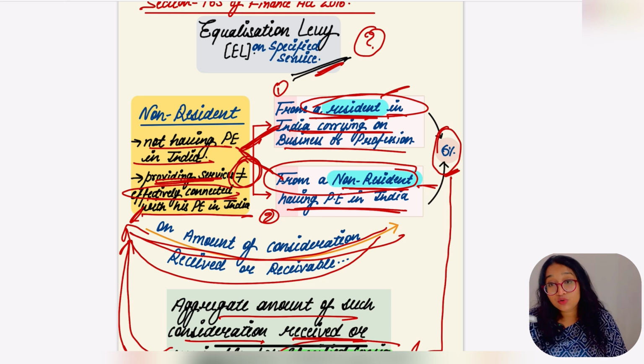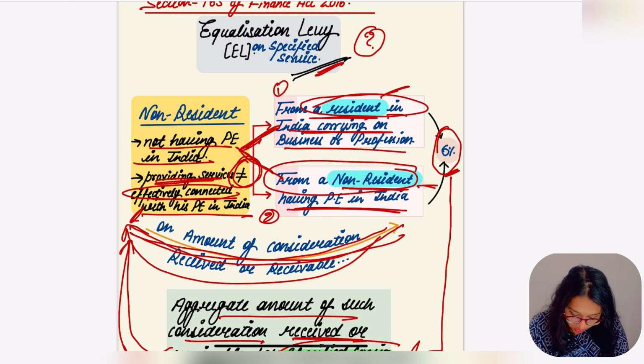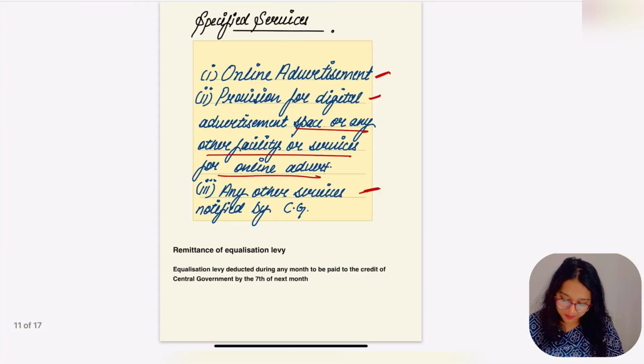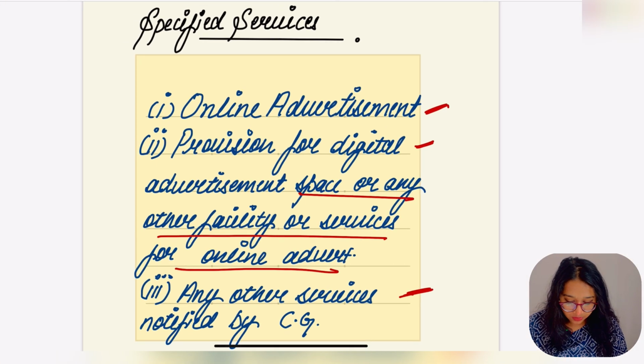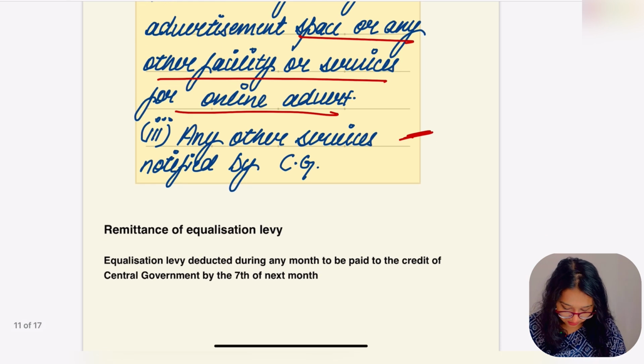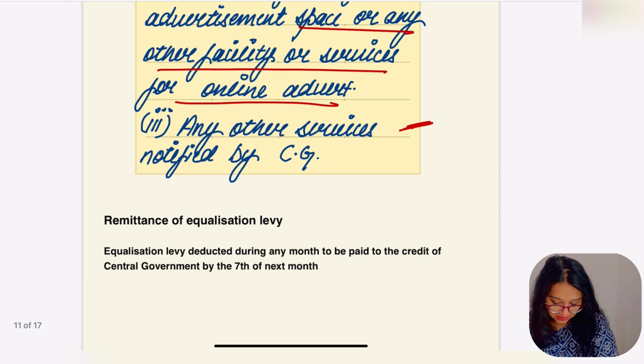Second, again to the non-resident who is having a PE in India, and the amount which is receivable or received as consideration, if that amount during the previous year exceeds more than 1 lakh rupees, in that case 6% of equalization levy is to be imposed. Is it clear everybody? Now we got to know the meaning of specified service. Online advertisement, provision of digital advertisement space and all, or any other services notified by the central government. Is it clear?